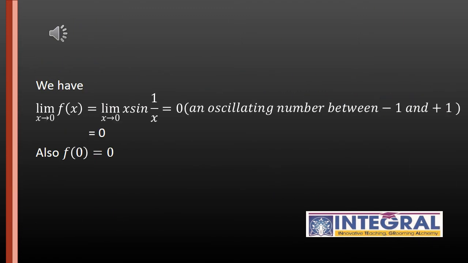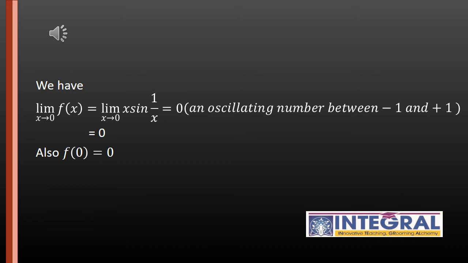To discuss continuity, first of all you find limit x tending to 0 of f of x. Here limit x tending to 0 of f of x is limit x tending to 0 of x into sine 1 by x. Now when you give the limit separately, you give x equals 0, so it will be 0 into sine 1 by x. We know that sine theta will always lie between minus 1 and plus 1.